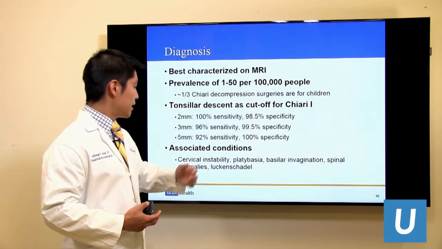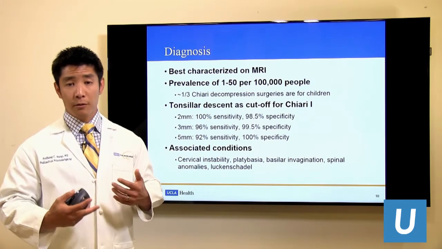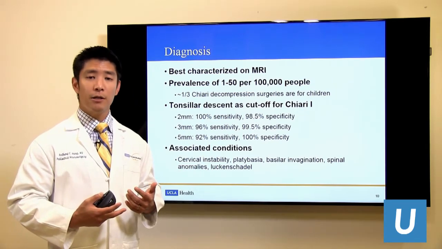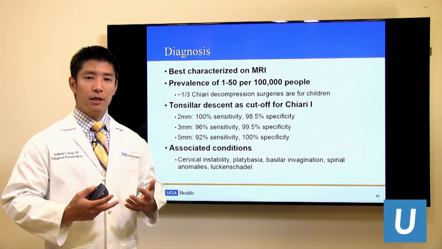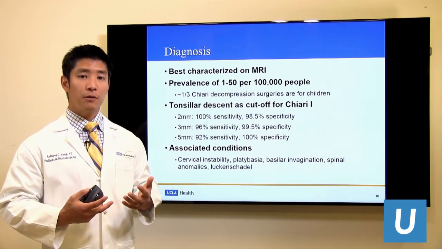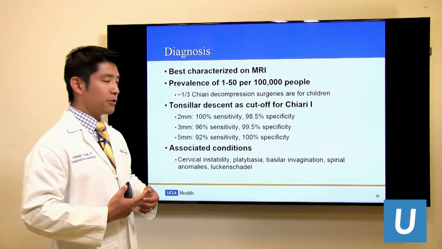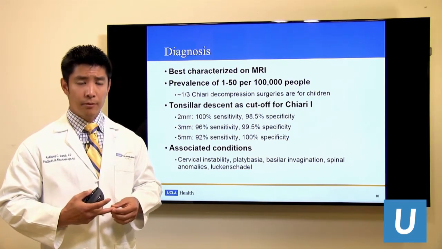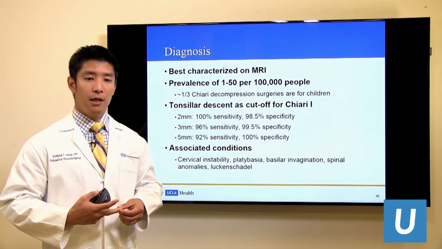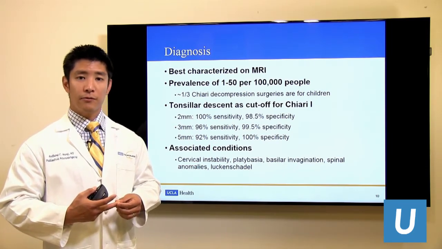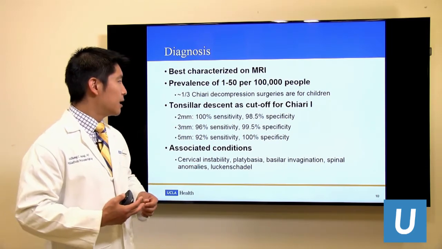It can also be associated with spinal anomalies, such as Klippel-Feil anomaly, or some other malformation of the upper spinal canal and the spinal column, and with abnormalities of skull formation, like severe cases of craniosynostosis.